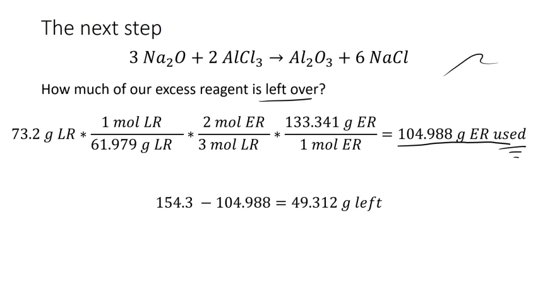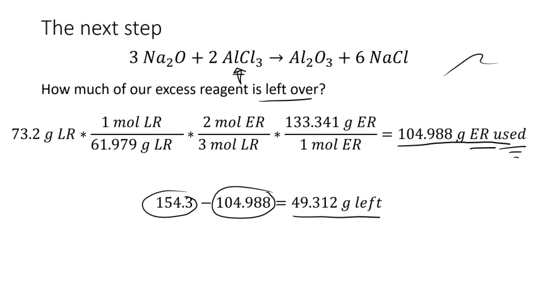So if you remember, 154.3 is how much aluminum chloride we started with. This is the number we just found, was how much aluminum chloride was used. And so just a simple subtraction to find how much was left over. So after this reaction runs, we should have about 50 grams of aluminum chloride left over.